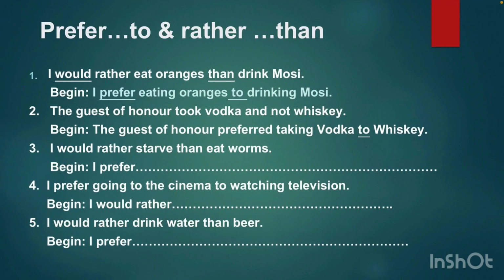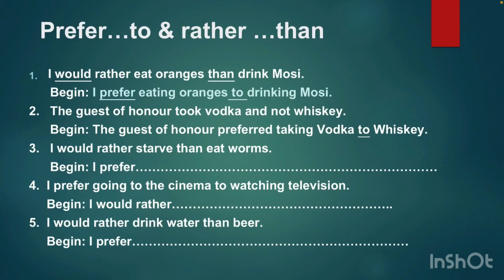When you are using prefer, always the verb has to be in present continuous tense. This verb took is in past tense because we do not have rather in this question. Have you seen? There is no rather than. You can ask, but you said there is always present. There is no rather than in this case. So it depends on the way the question has been phrased.